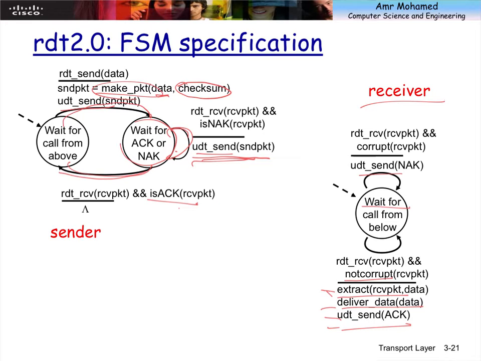At the sender there are two states, one state for acknowledgement, because on the sender side I send a packet and I receive a different type of packet, which is the acknowledgement. On the receiver side, I'm expecting one type of packet only, which is the actual segment that arrives.